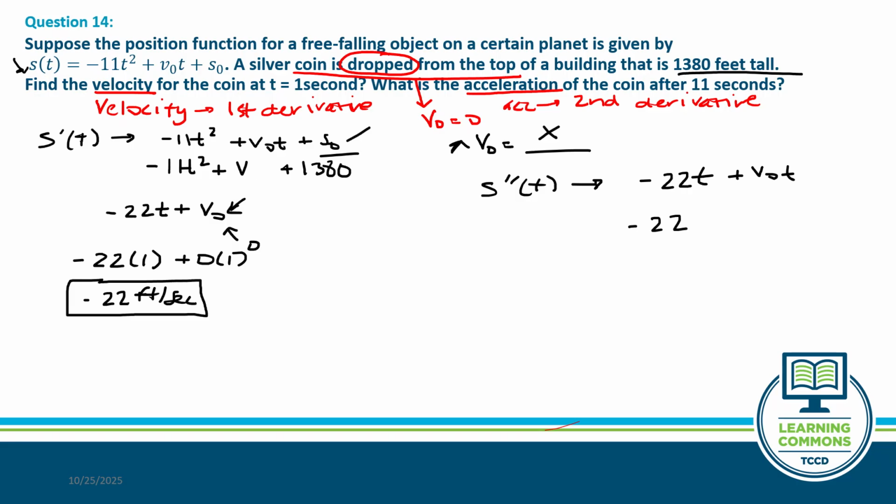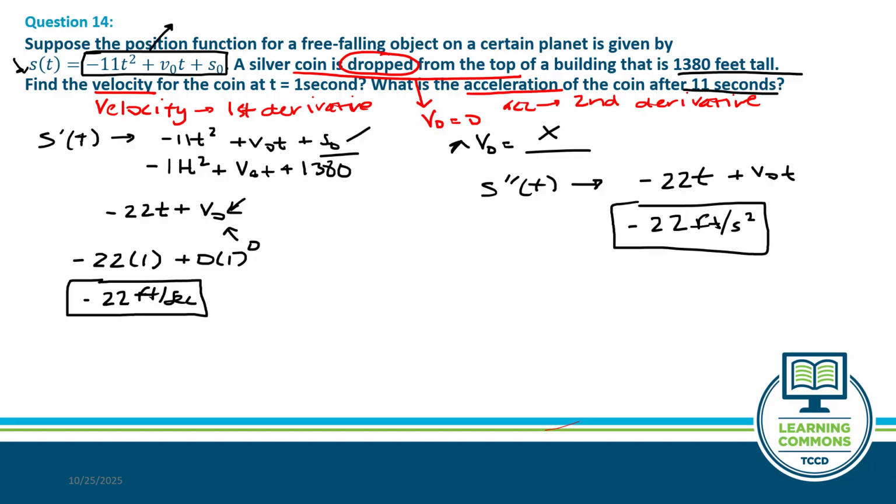This should just be v. Negative 22. And because you don't have t anymore, it's just going to be feet per second squared. Now, obviously, if you get a harder question than this with more going on in this piece right here, then this will change.